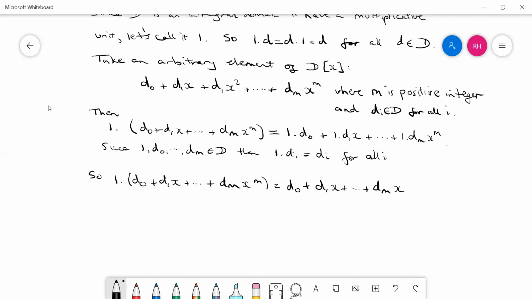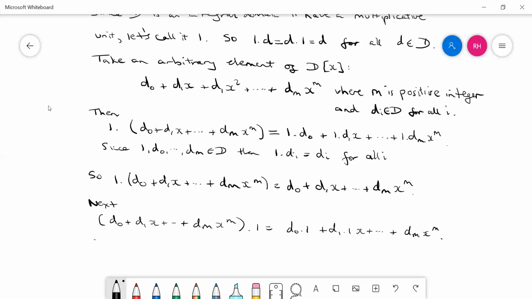So we're just using the property of the integral domain D. And next, we can do it the other way around, of course. d0 plus d1x plus dm x to the m, times 1, equals, this time, d0 times 1 plus d1 times 1 x, and that will go all the way up to dm x to the m.